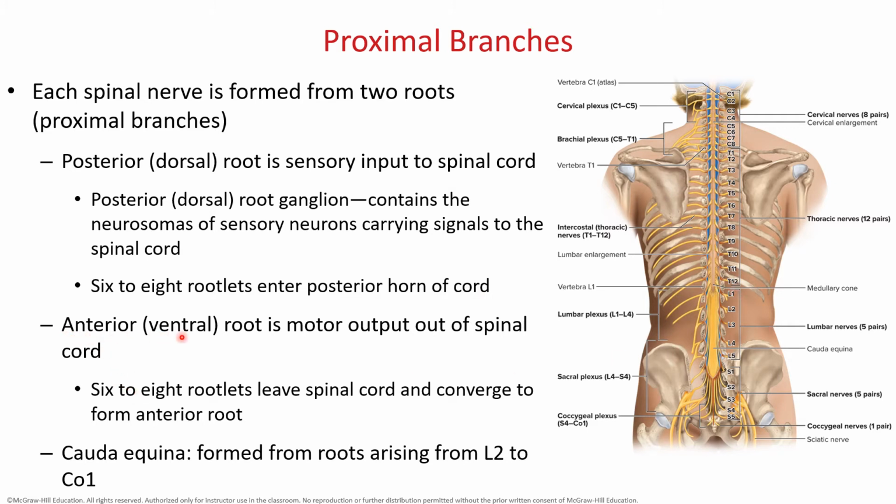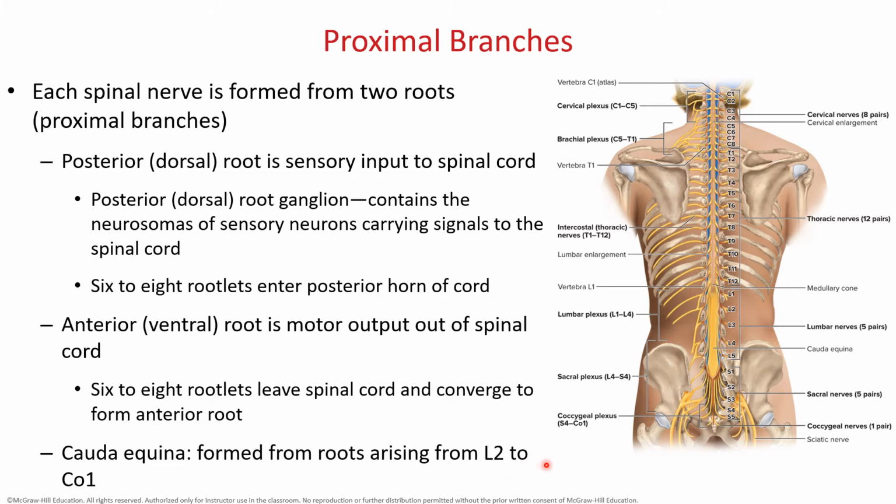The anterior ventral root is motor output of the spinal cord. 6 to 8 rootlets leave the spinal cord and converge to form the anterior root. Cauda equina is formed from the roots arising from L2 to coccygeal nerve number 1.